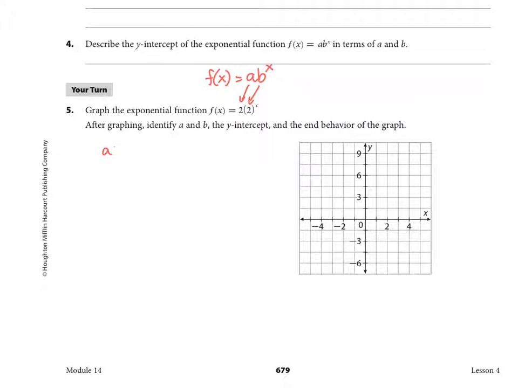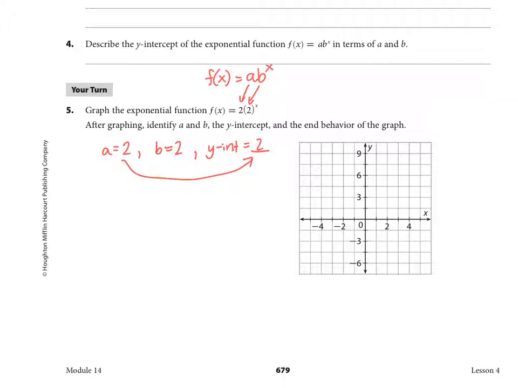To identify means to just tell you the value of these. A is 2, b is also 2, and the y-intercept means when x is 0. The y-intercept is, we've actually done this in class before, that will always be the a value all the time.